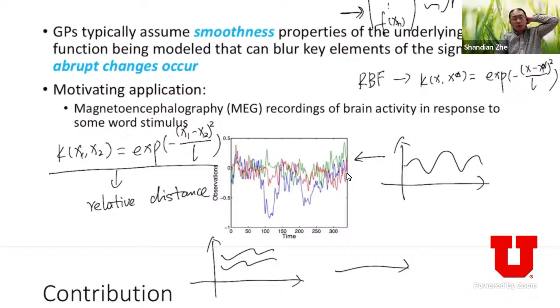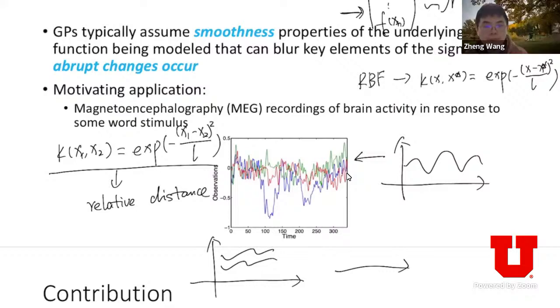So their input is only time. Yes. Input is only time. They only deal with the time series data. And you have a bunch of people who say the same word and record their brain activity strengths.